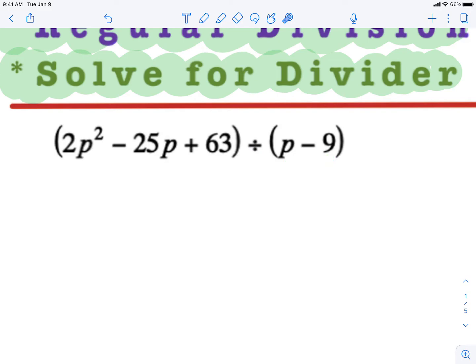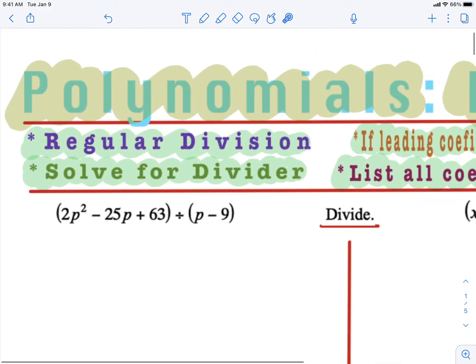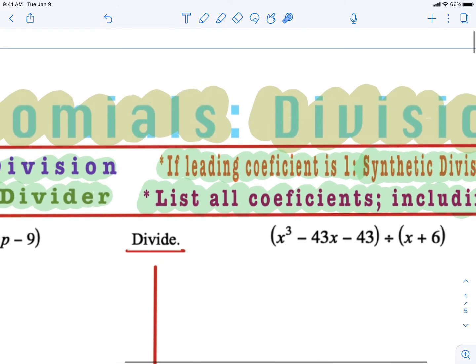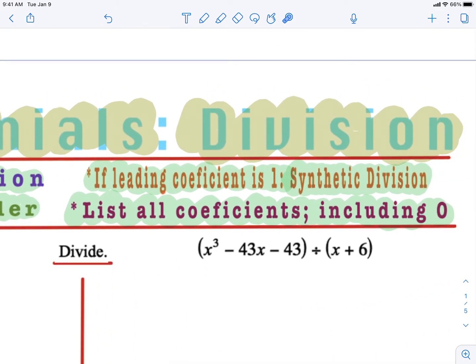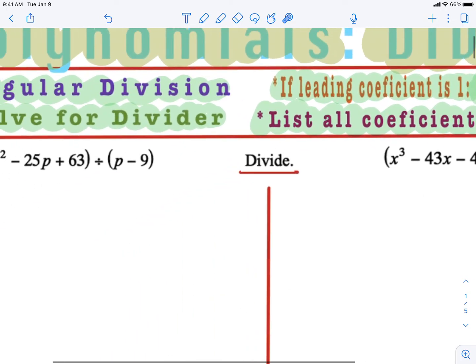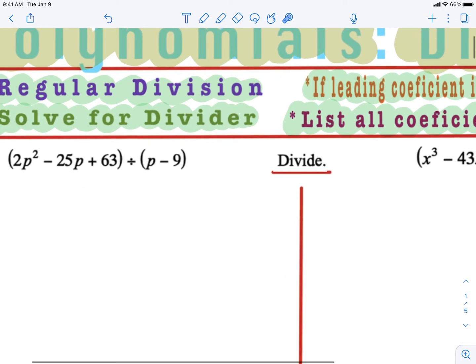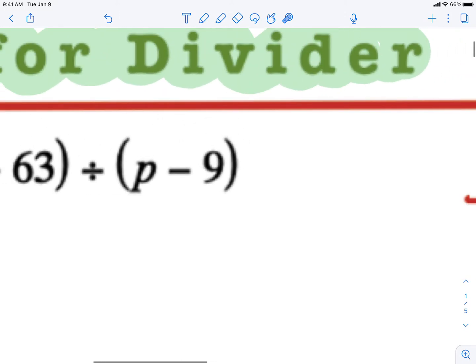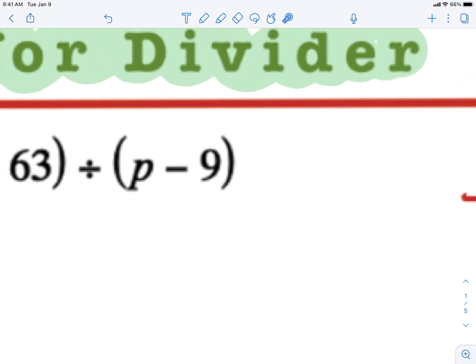We're going to remember that if the leading coefficient is 1, then we do synthetic division. The leading coefficient here, we look at our divider, what we're going to divide into, and that is this small part right here, p minus 9.